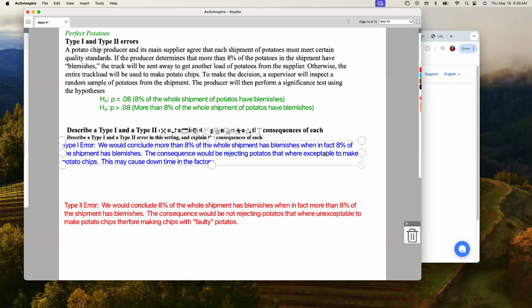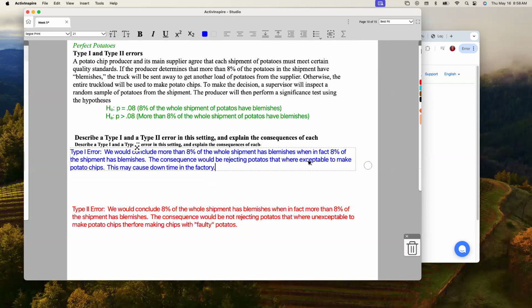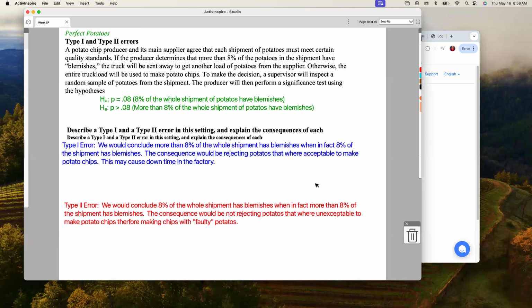Okay, acceptable to make potato chips. What would be the consequence of that? We sent away good potatoes. That's basically what we're doing here, and that is a mistake.